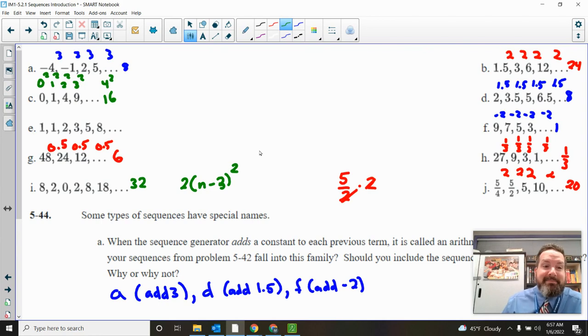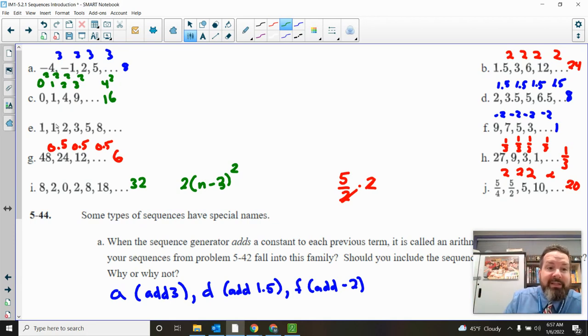And this last one, letter E, is actually a very, very famous pattern called the Fibonacci sequence. If you take a look, you need to start it with 2 numbers. But after that, each other number is the 2 numbers in front of it added together.